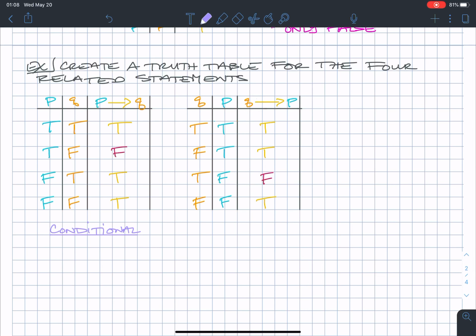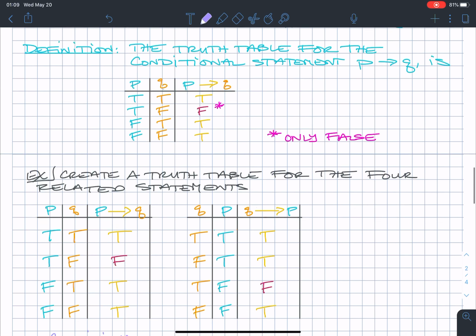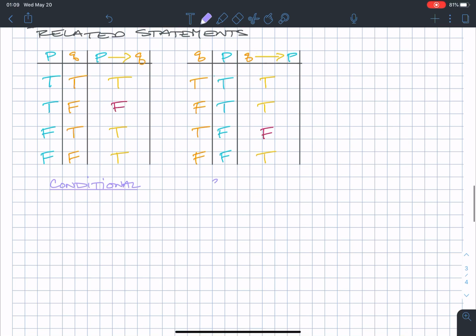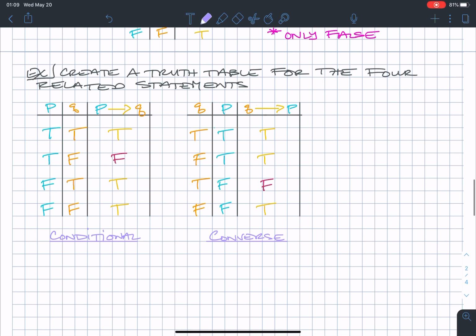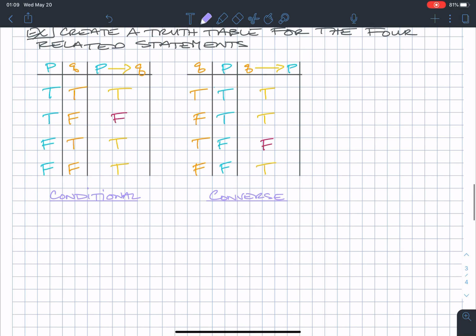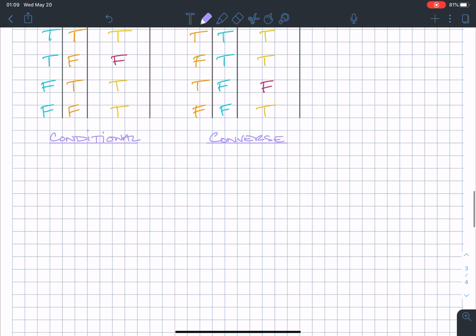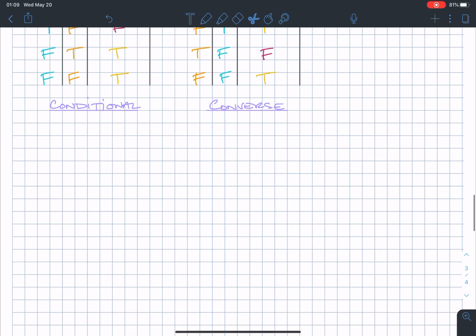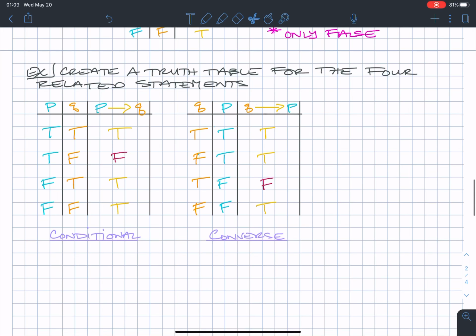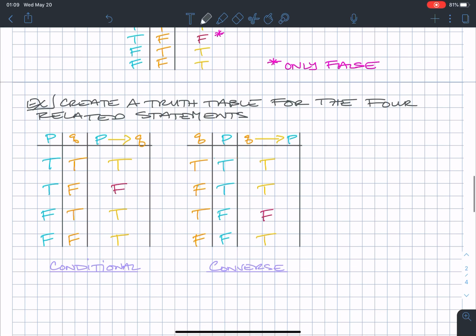The next one was the converse, right? Q implies P, so this is the converse. Do I have enough room to put one more beside it? I'll put it beneath. Okay, so the next one would be what?